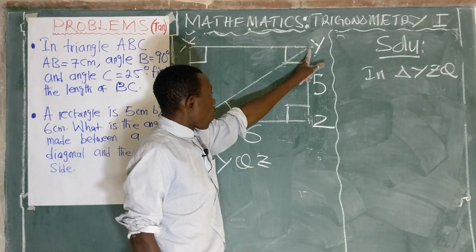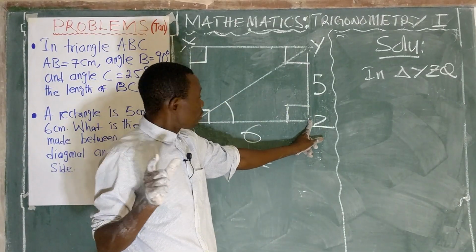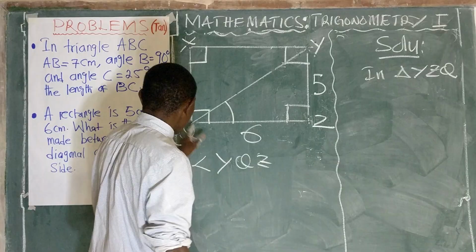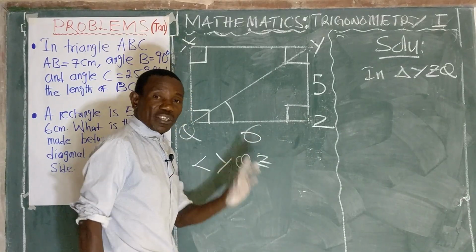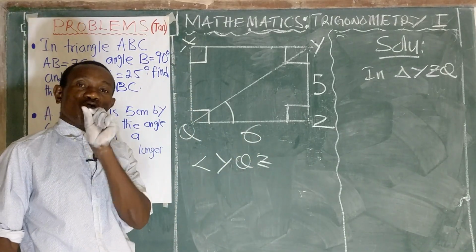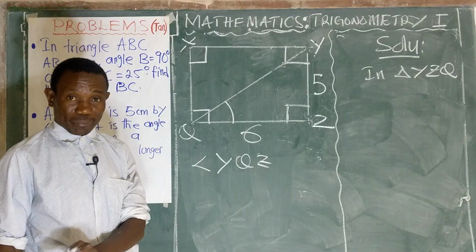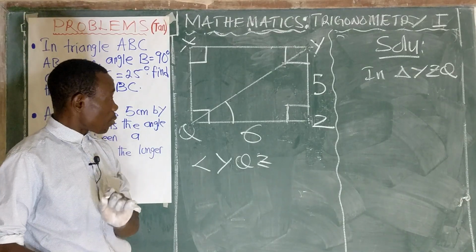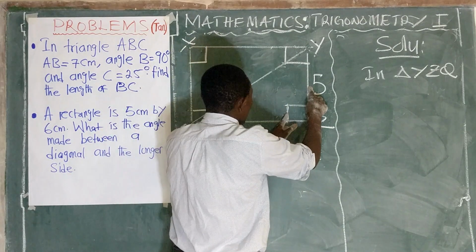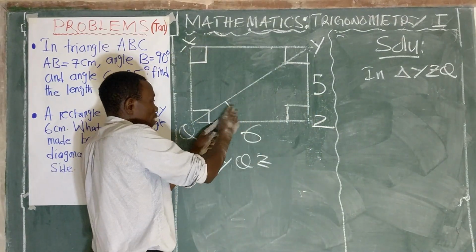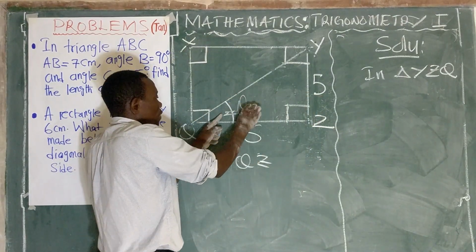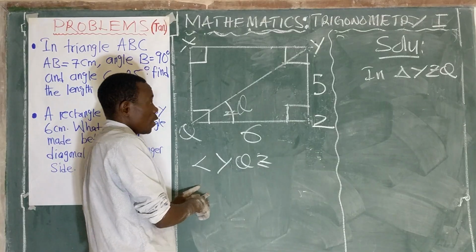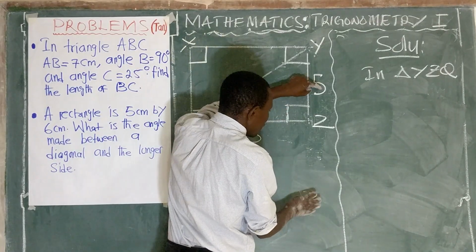I have side YZ of that triangle given as 5. Another side is given as 6. So there are two sides which are given, and you have to take note of their names in relation to what we have just discussed about the right angle triangle. In relation to the angle which I would like to find here, theta, you find that this is the opposite side.